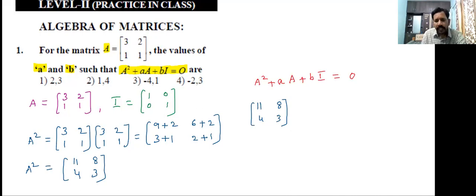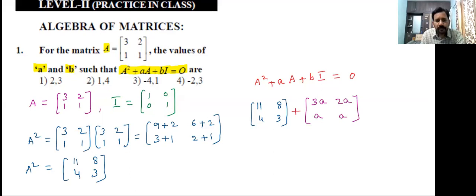This is the A square matrix, plus small a into capital A. Multiply both the matrices, so multiply a with each and every element in matrix A. So here we get 3a, 2a, a, a.